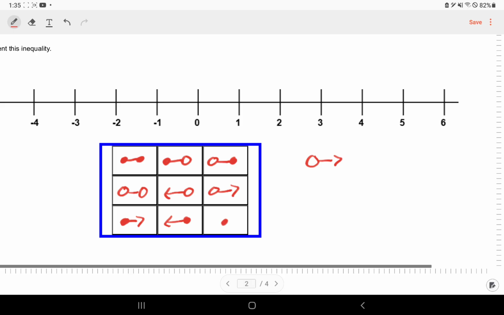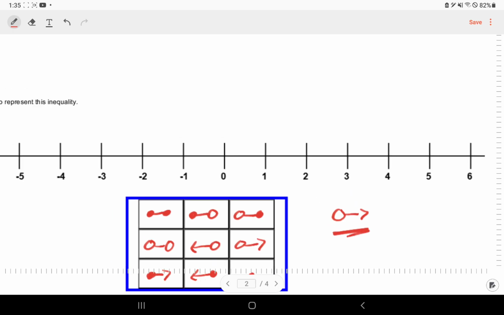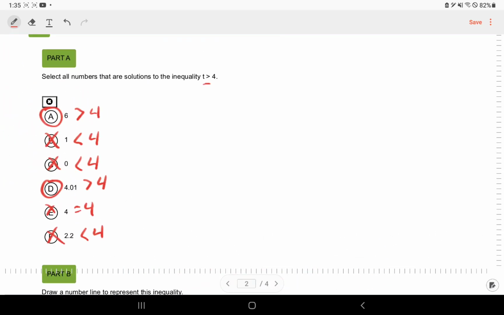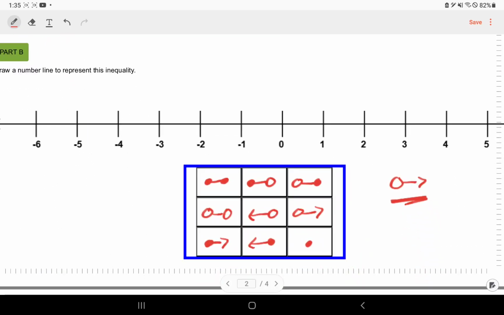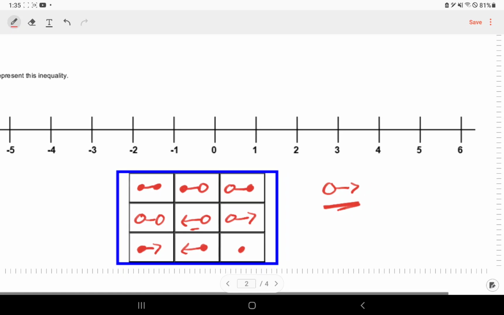Well, you choose this one because we want greater than. If it was less than, then we would choose this one. Now, it will put that circle at some random point on here.